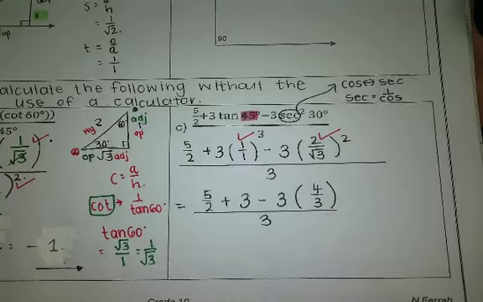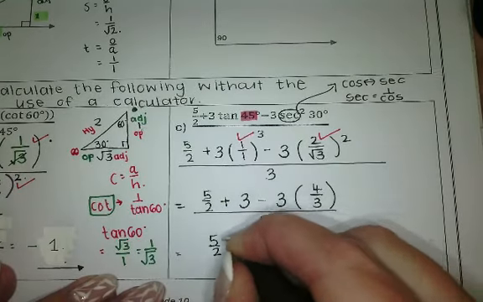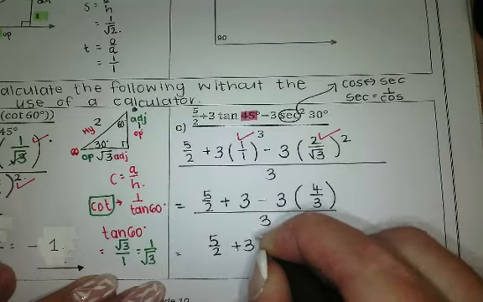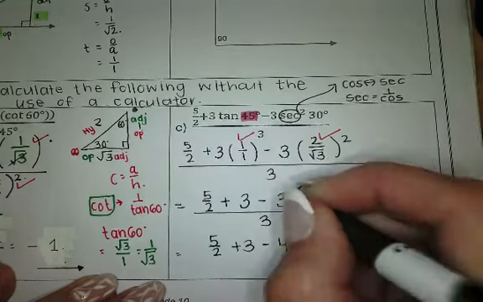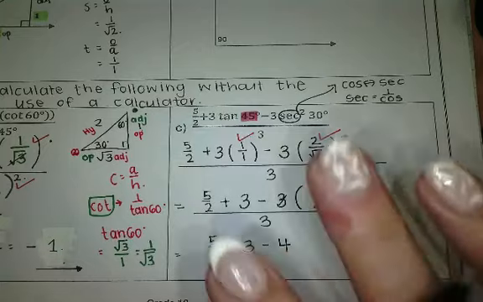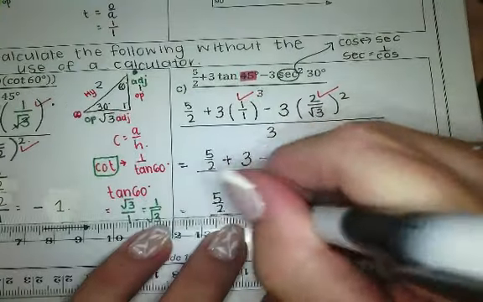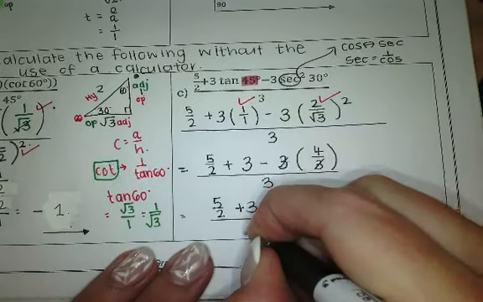Then we've got 5 over 2 plus 3 minus 4 because this cancels, all divided by 3.